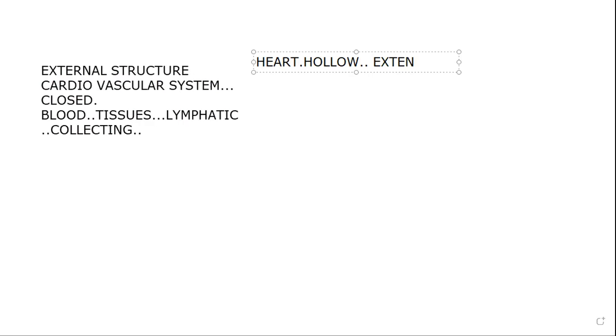Extensible का मतलब ये है कि इसकी एक्सपेंशन भी हो सकती है और ये रिलैक्स भी होके अपनी जगह पर वापस आ जाता है. The Greek name of heart is cardia and we use the adjective cardiac for any heart related function जिसको भी हमने discuss करना है.